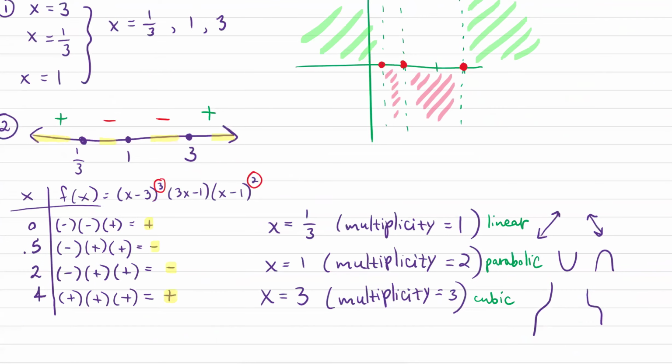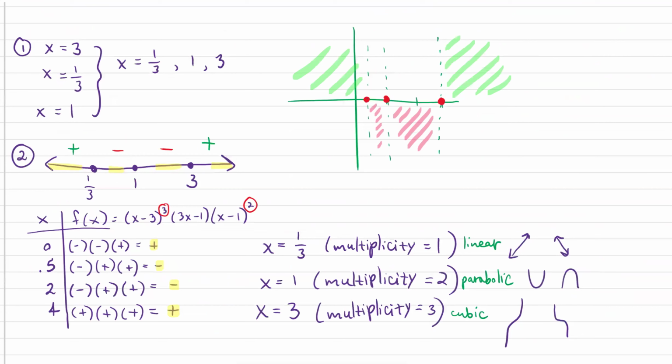Okay, so then that means that in the region here, when we are crossing the 1/3 solution, we need to have linear graphs like this. So it's either going to go in this direction or it might go in this direction. But you see how that green and red highlighting tells us that definitely it should go in this direction.